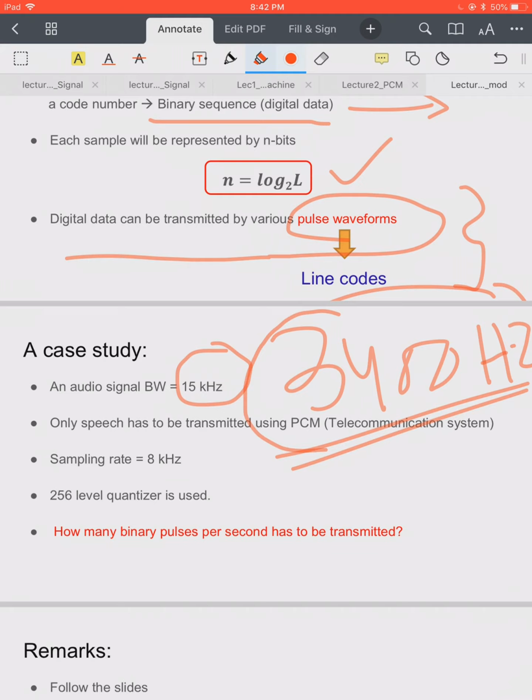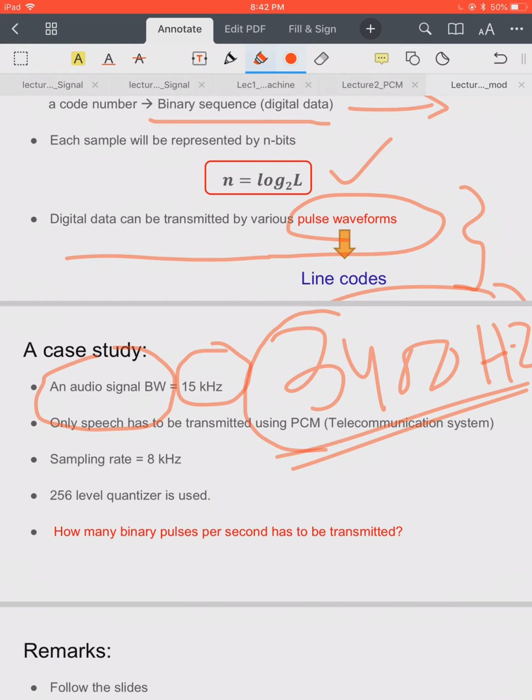So we can band limit my audio signal by using a low pass filter, because up to that frequency the intelligibility of the speech is there. Beyond that we don't bother.